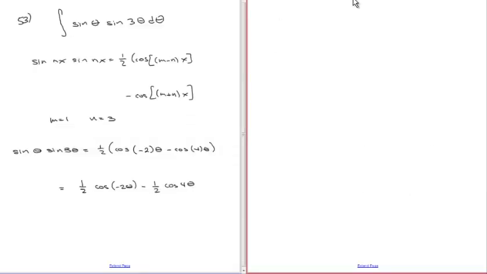Now the original integral can be rewritten. We'll have the integral of, let's put 1/2 out here because that's a common term, cosine of -2 theta, actually minus the cosine of 4 theta, and both of those times d theta. The integral of cosine is the sine.